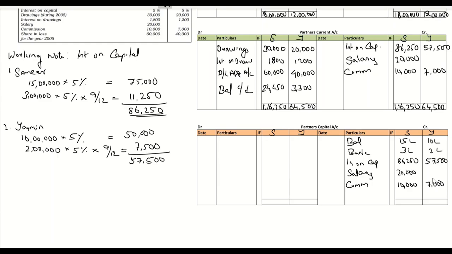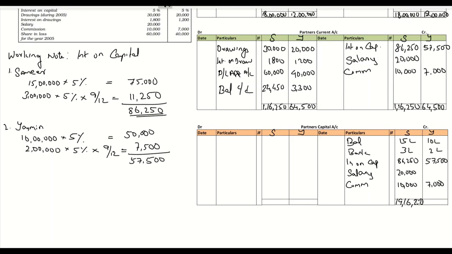We have 15 lakhs plus 3 lakhs plus 86,250 plus 20,000 plus 10,000, which is 19 lakhs 16,250.